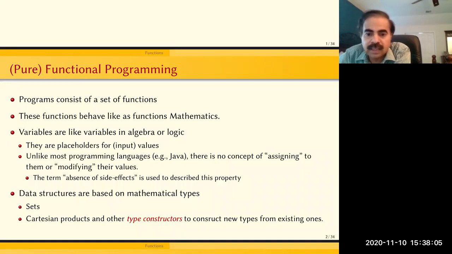So we often write a recurrence. So a recurrence is a function. We write an equation for Fibonacci that looks like a function. We learn about functions and relations. So all of that is going to fit very neatly into a functional programming language.